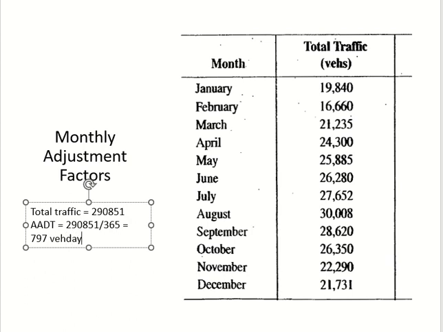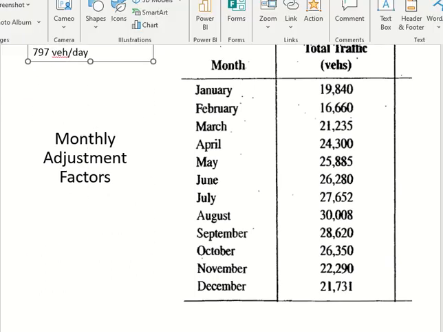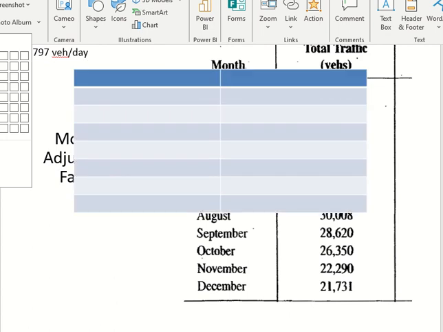Per day. We divide by the number of days, right? So vehicles per day. The total of each month was given. I added them together, got the total of the entire year, and divided by the number of days in the year. I got AADT. Now we will calculate the adjustment factor for each month.